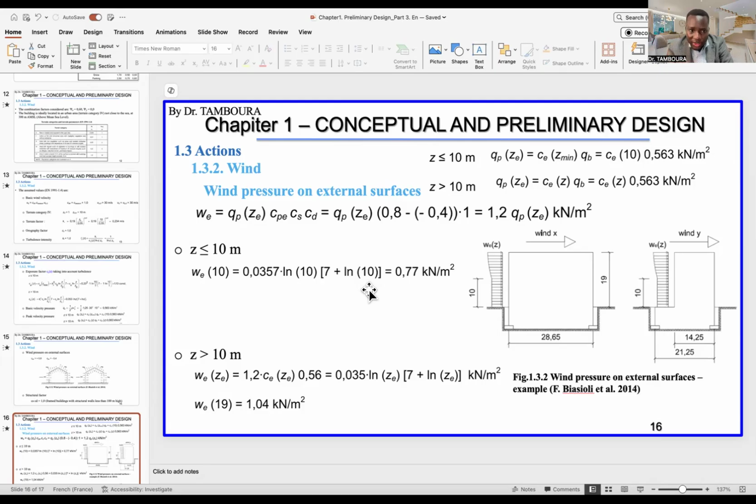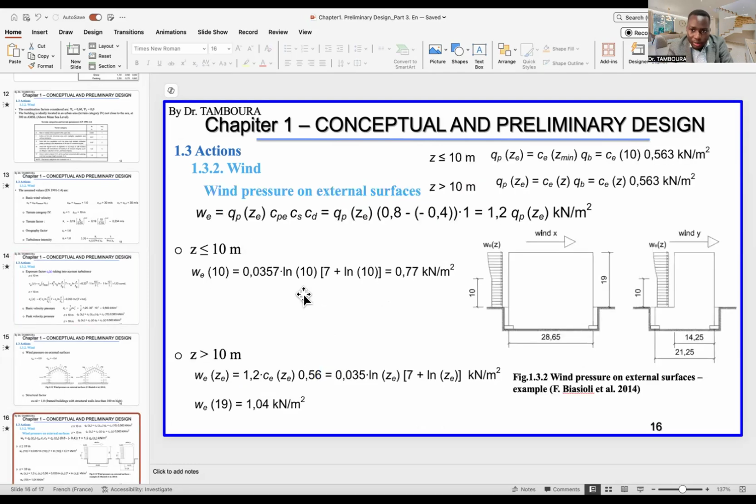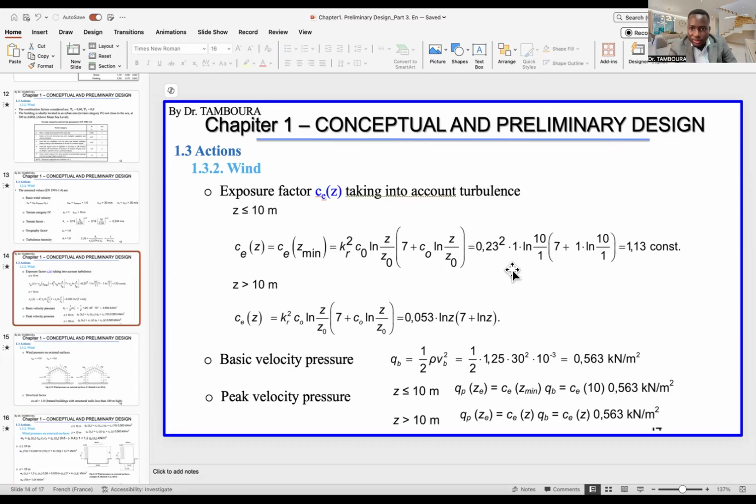So technically it means take this value CE10, which is 1.13, multiply by 0.563 and multiply it by 1.2. You will obtain this. This is the detailed equation formula. You can see that this is exactly what is written here. It is the same.